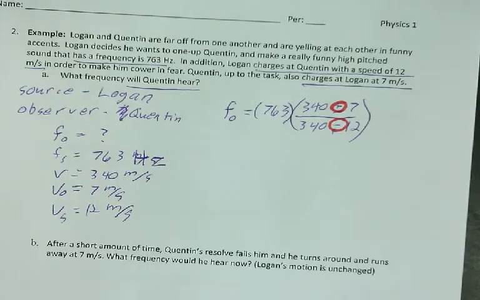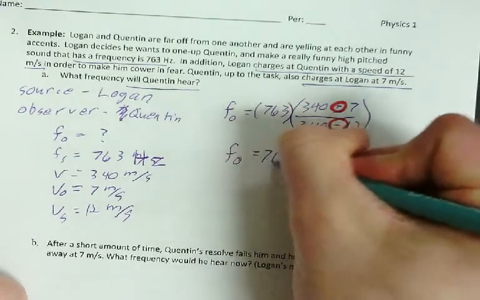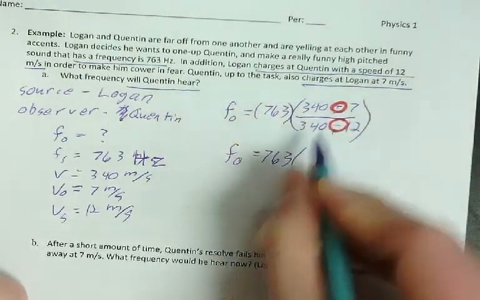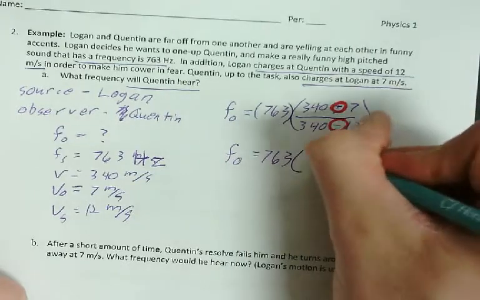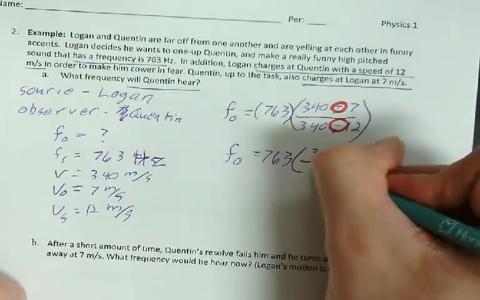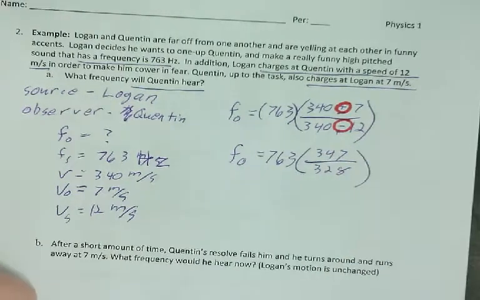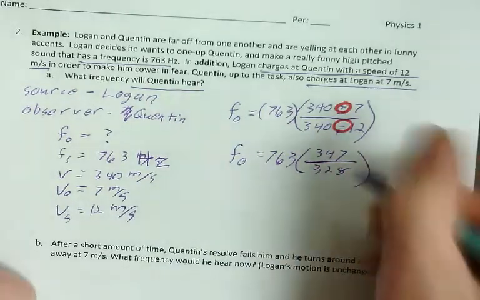So all we have to do is add and subtract the numbers here. So FO equals 763 times 340 plus 7 is 347. 340 minus 12 is 328. And then we divide those numbers out. So 347 divided by 328, 1.06.